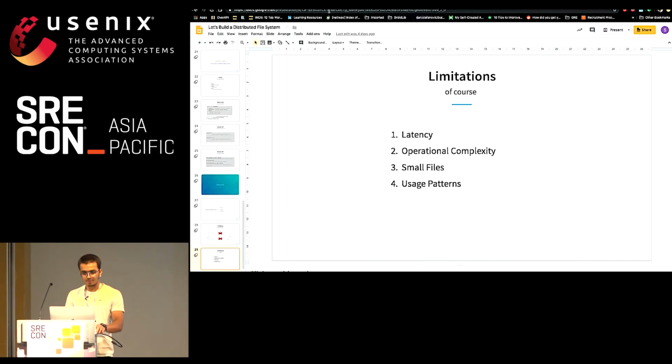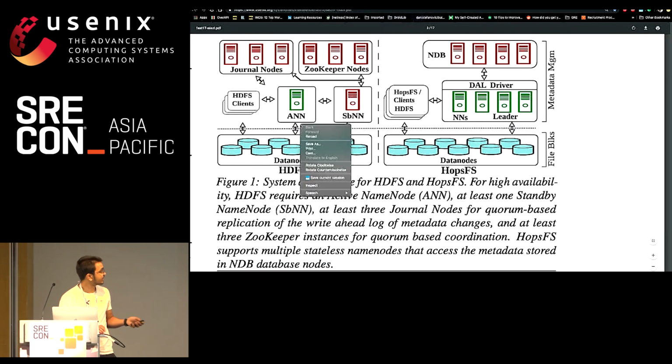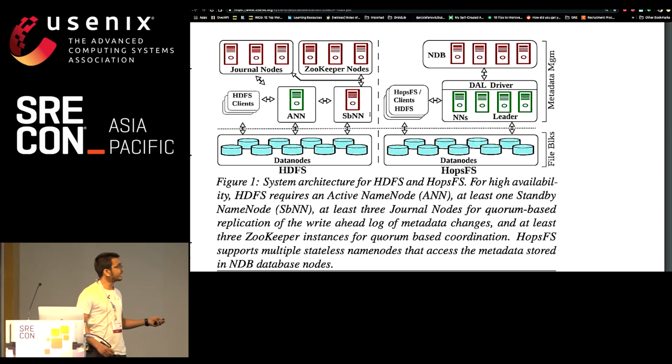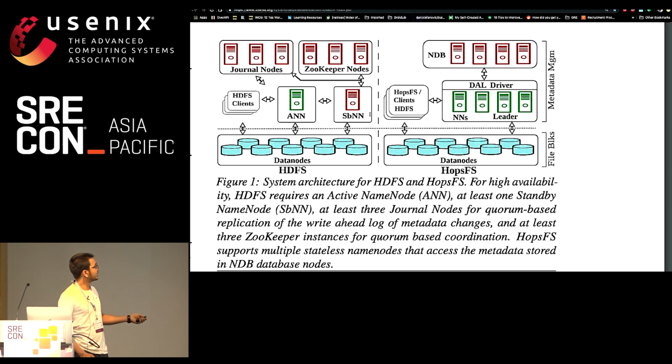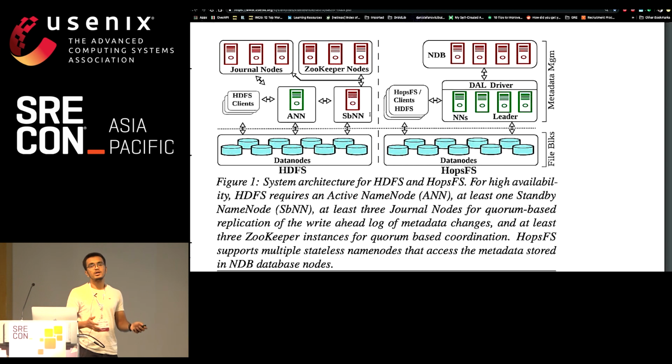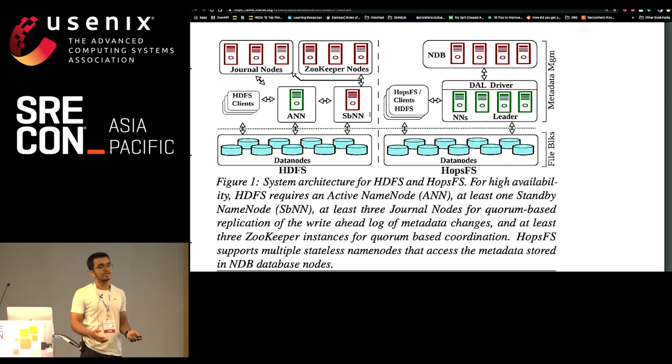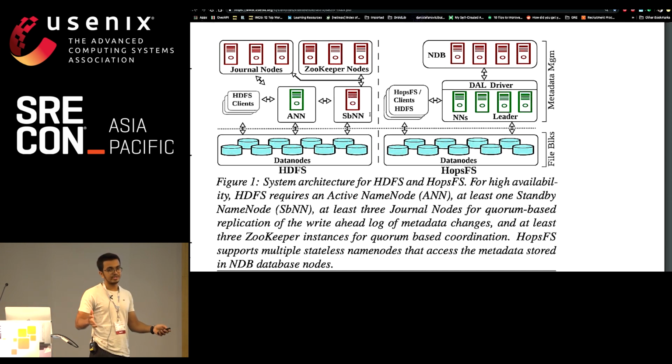If you want to look at the components, you see this diagram. On this side of the dashed line is the HDFS. So you see there are data nodes, there is a name node, an active name node and a standby name node. To maintain the active and standby, you also need to operate a ZooKeeper cluster. You also need journal nodes. So there are tons of components that you need to manage.